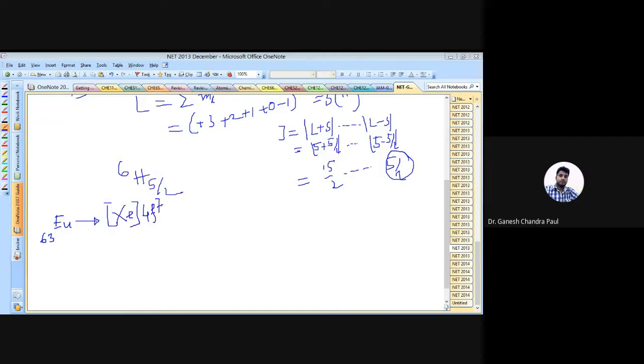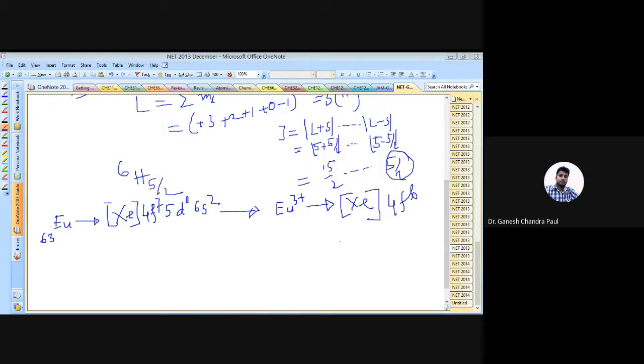When it is the europium 3+ ion, the valence electronic configuration would be 4f6, right? Yes, it is xenon 4f6.